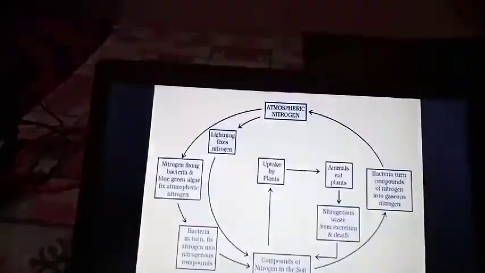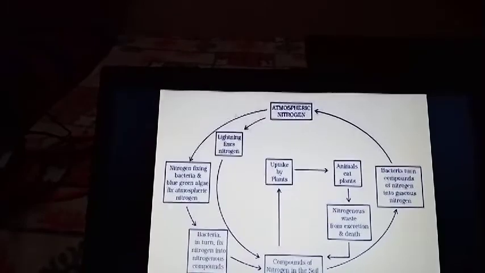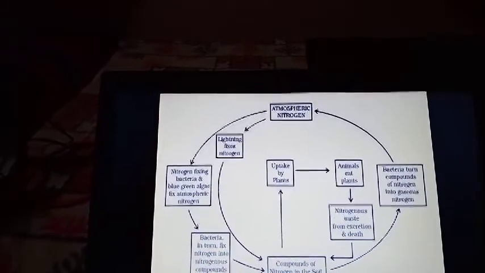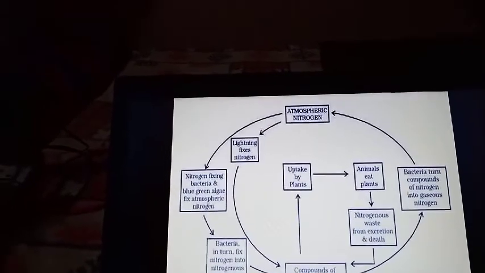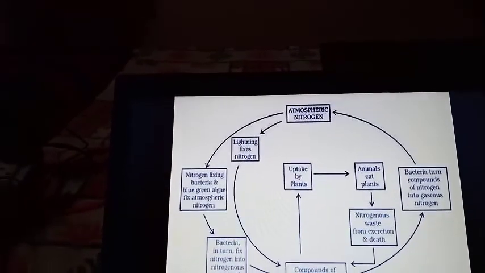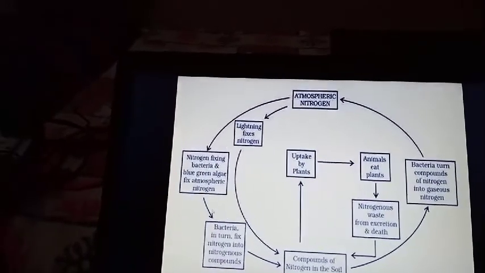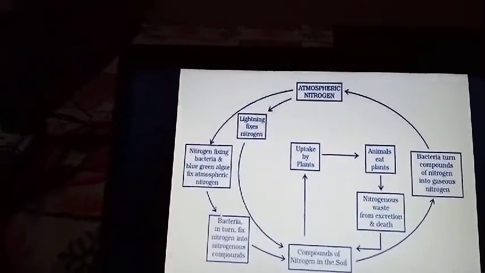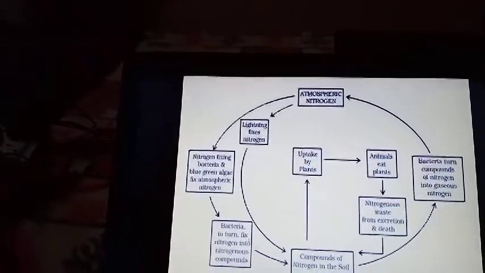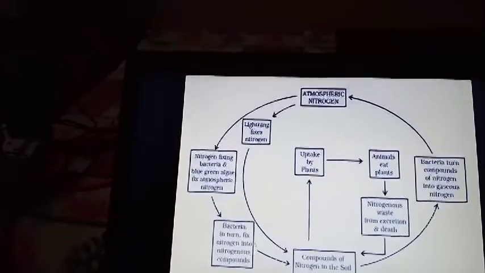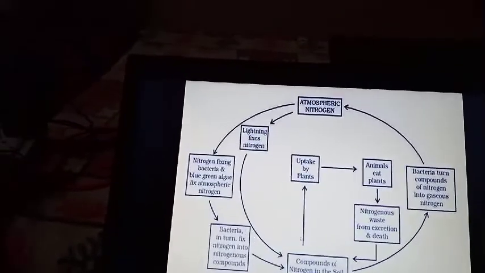The nitrogen in the atmosphere becomes nitrogenous compound by nitrogen fixing bacteria and blue-green algae. They form ammonia. Then the nitrifying bacteria make them into nitrites and nitrates. Thus, they become the compounds in the soil.